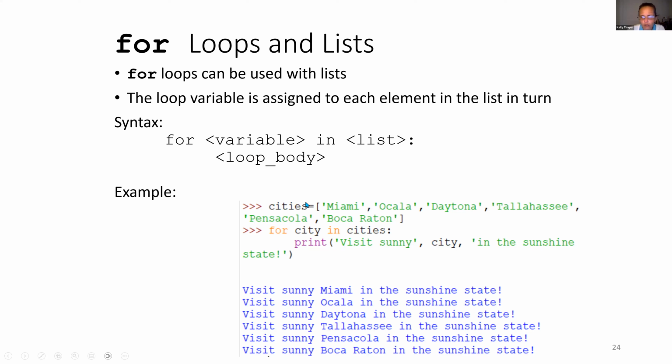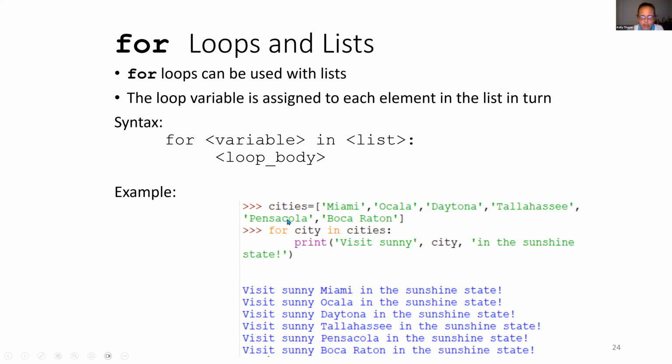So continuing on here, we have a list of cities right here, and we can say for city in cities, print visit sunny, and then this will substitute the name of the city in the Sunshine State, which of course is Florida. Our loop variable city will take on the value of the first item in the list, Miami, so it substitutes it in and prints out Miami in the sentence.